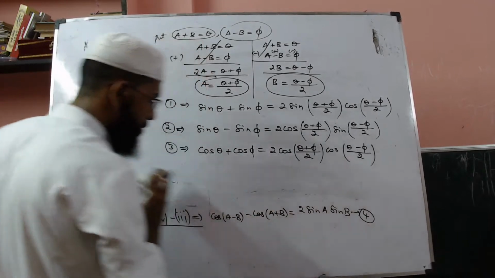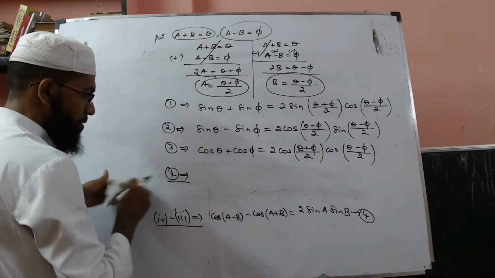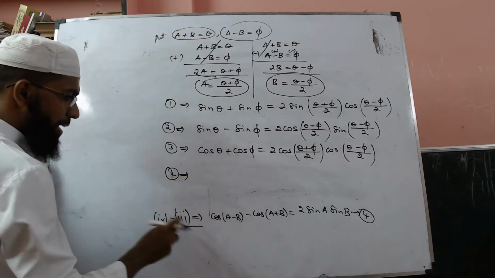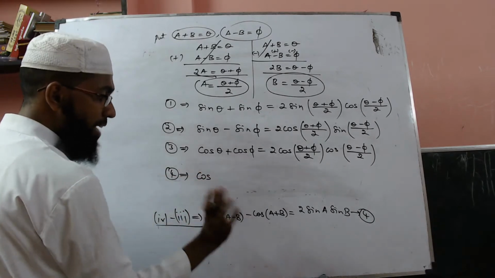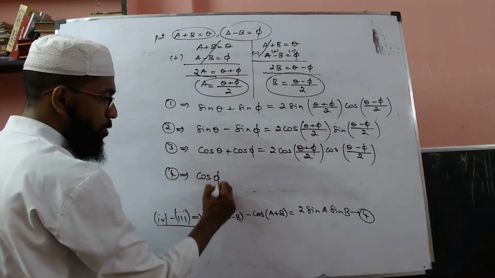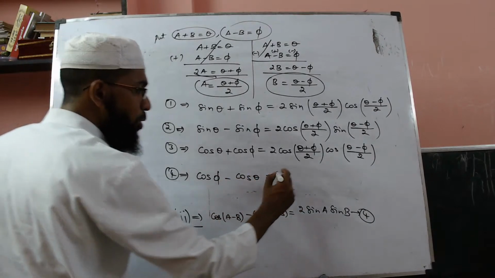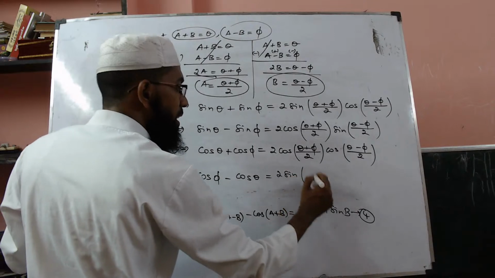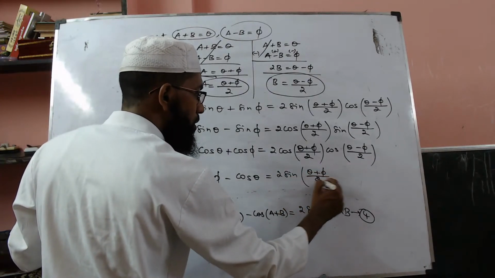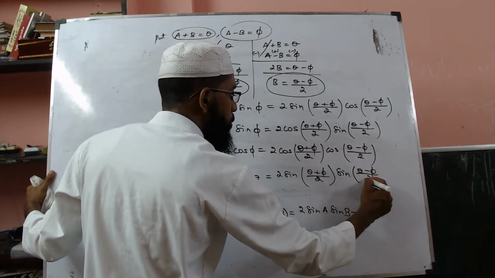Let me come to the fourth formula now. What I'll be getting, now listen, don't make a mistake, a minus b is what. So this alone will be cos phi minus cos theta equal to 2 sine of (theta plus phi)/2 sine of (theta minus phi)/2.